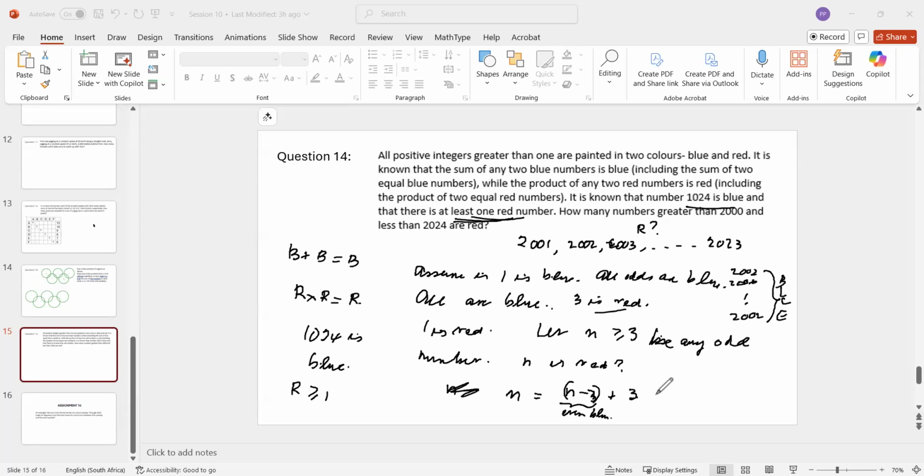So yeah, what's the logic here? I'm sorry, I'm losing it. No, your assumption should be that n is blue. Yeah, sorry about this. Suppose n is blue.